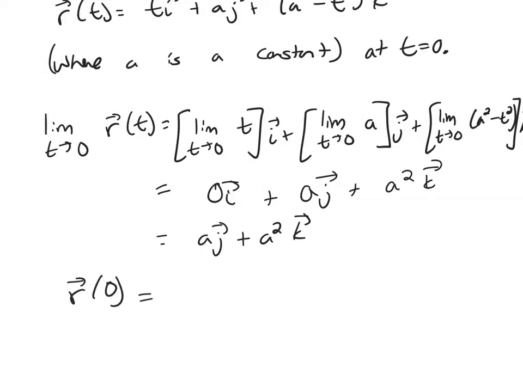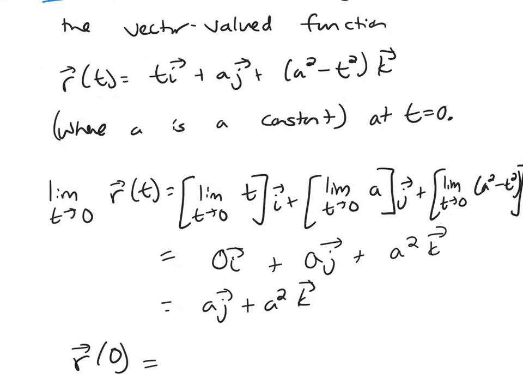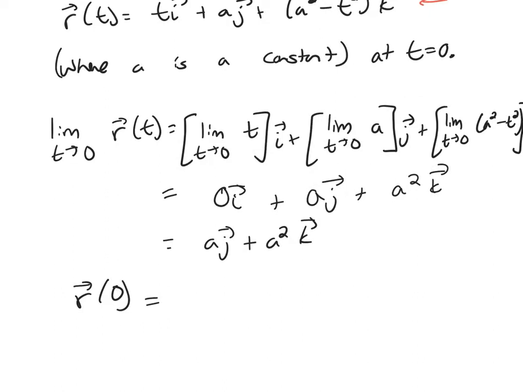So go back to your vector valued function up here and plug in t equals 0. And if you do, you'll get 0i plus aj plus a squared k. And you'll notice that these two things are the same.